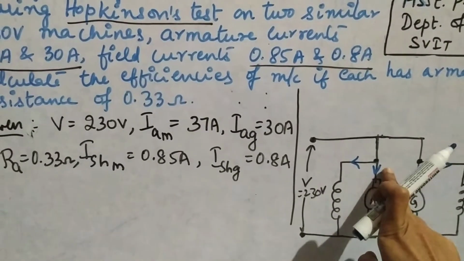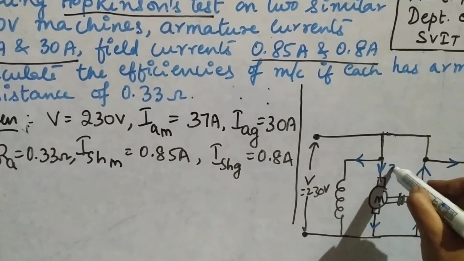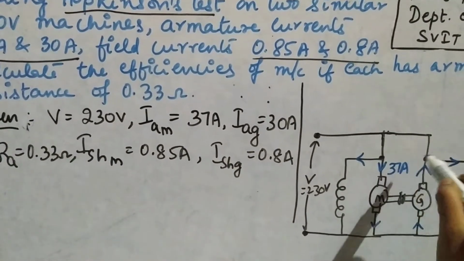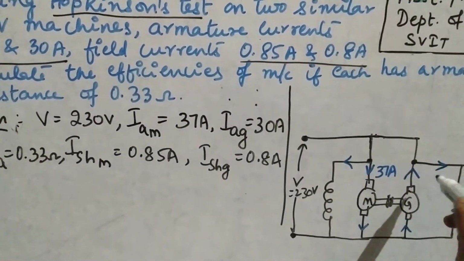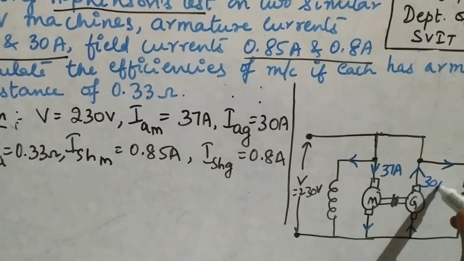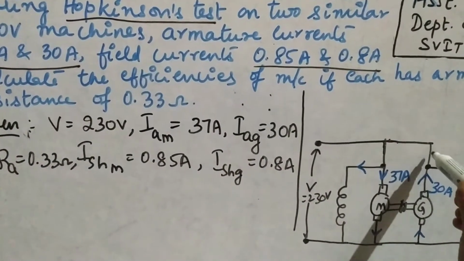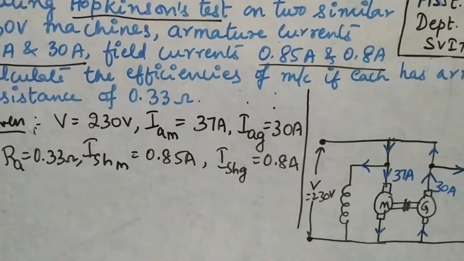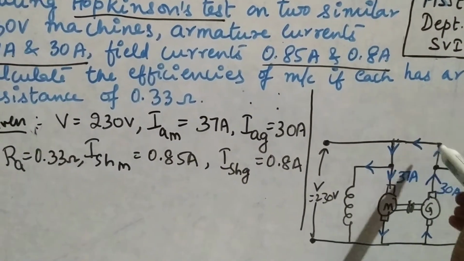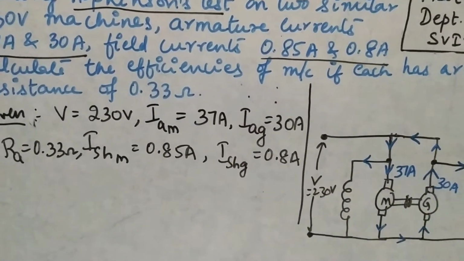Here you can write down the value flowing. This value is 37 ampere, and the current for the generator is 30 ampere. Here this current gives out, and the current which enters here will be like this, and finally you will find the full loop completing like this.